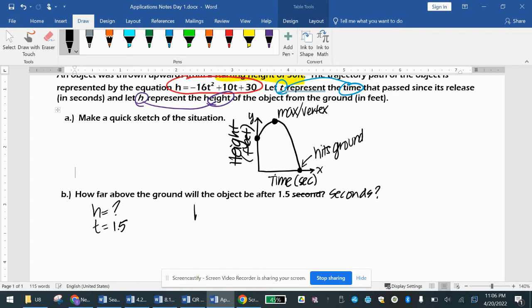So you're going to take your equation. Hopefully some of you remember this. And you're going to substitute the t, okay? The t for, I'm going to try to color code with what I circled above. So t is time. So I'm going to replace all the t's with 1.5.